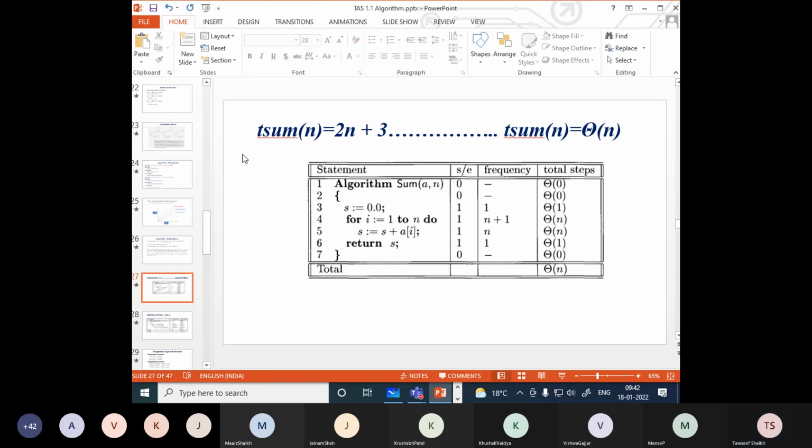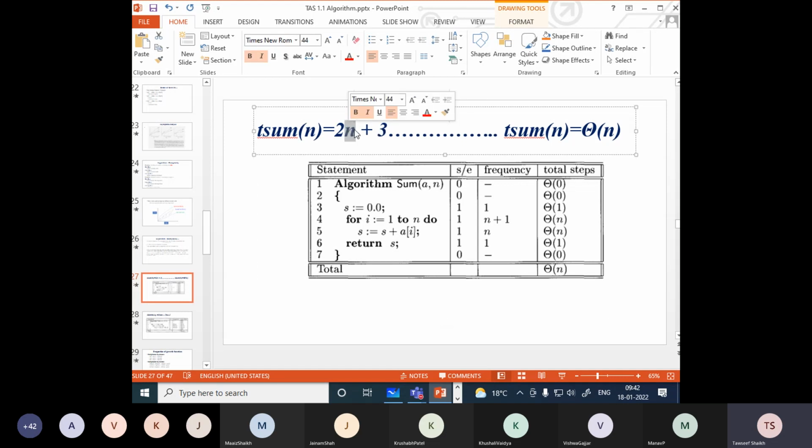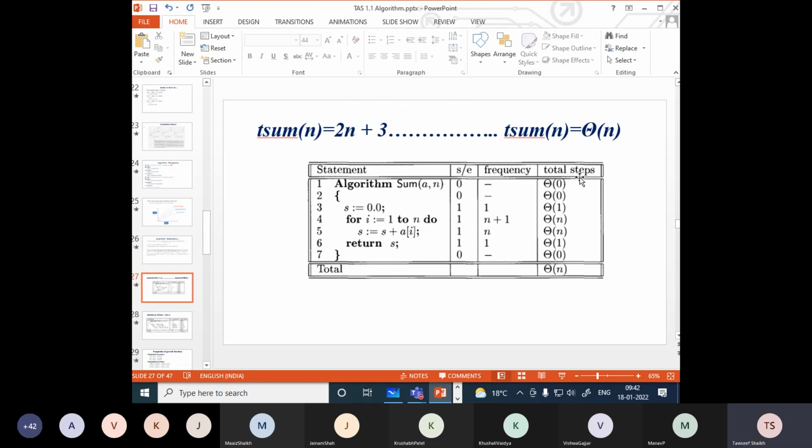Now when we do the asymptotic analysis of the same algorithm, what does asymptotic analysis tell us? The least term will be ignored, only the term which grows, whether linearly, quadratic or exponential, will be kept. Here, if we write it in terms of asymptotes, this is 0, this is 0, this is 1 meaning theta of 1, this is n plus 1 meaning theta of n because 1 will be eliminated, this is theta of 1, this is 0.